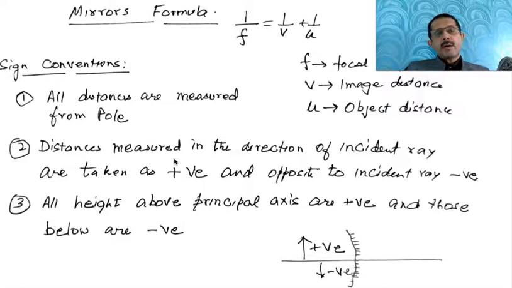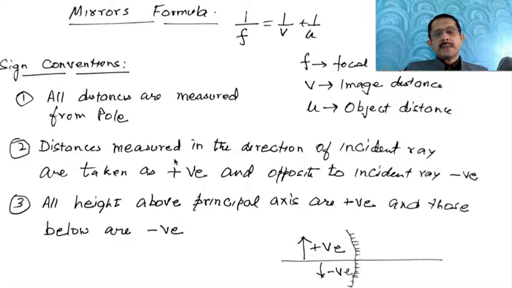If you study various books, you will get a confusing feeling about where the positive direction is and where the negative is. So the best way to work it out is to always consider the distance measured in the direction of the incident ray as positive.